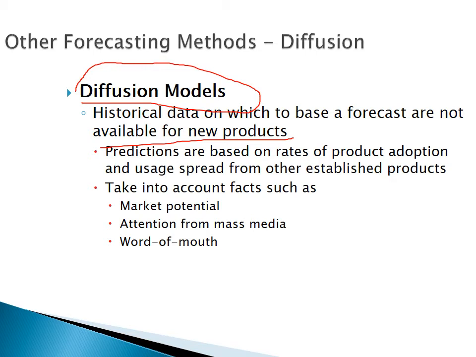And based on that, you can make your forecast. Again, for a new product, information is not available because it was not there in the market, so you have to do that based on similar products. It is done on market potential, on word of mouth, or mass media. Those are to be taken into account while doing this diffusion method forecasting, because you don't have actual information on that product.